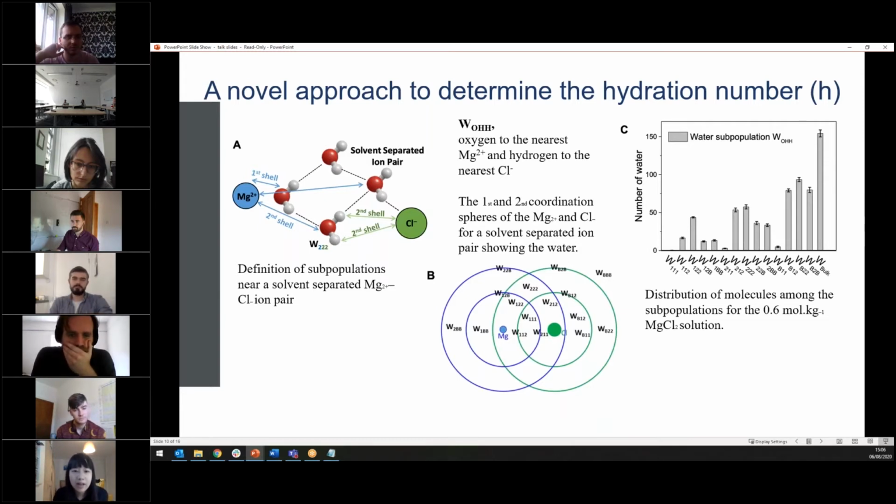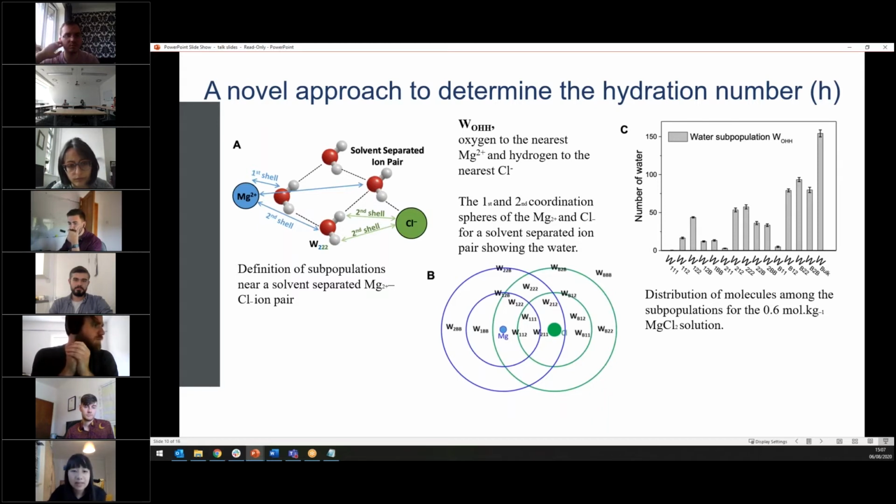The label W O H H: O is the oxygen's label relative to the nearest magnesium, and H is the hydrogen's label relative to the nearest chloride. Because water has two hydrogens, it's H and H. So the hydrogen and oxygen atoms of each water molecule in the solutions are labeled depending on the position of the magnesium and chloride ions.